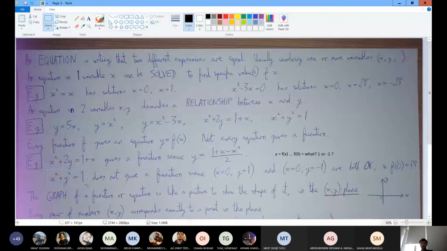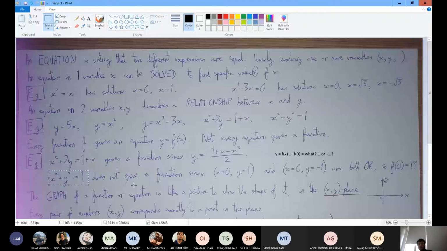So that means x equals 0, y equals 1 is a pair of numbers which have this relationship. If you plug x equals 0, y equals 1 in there, you see the equation is true. X equals 0, y equals minus 1 is another pair. So these are two pairs which have the relationship given by this equation, but x equals 0 is the same in both of them. So then what is f of 0?